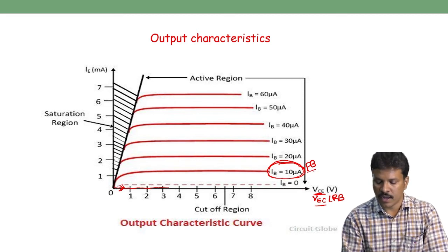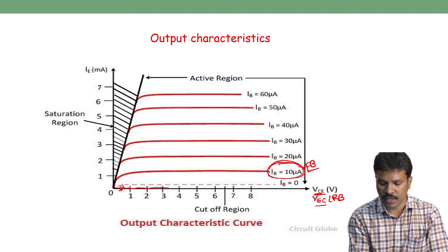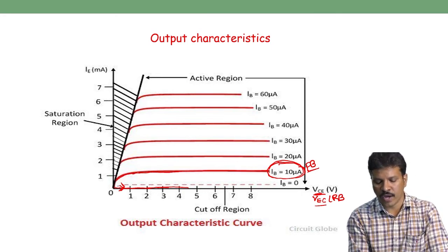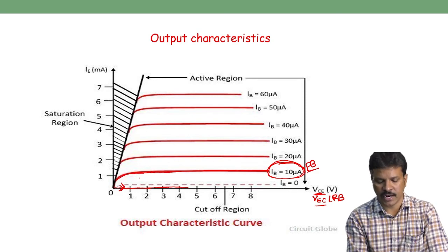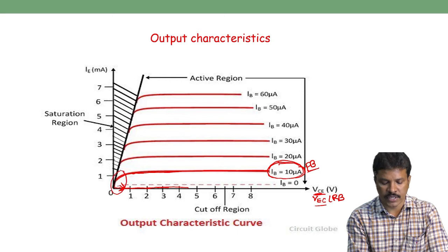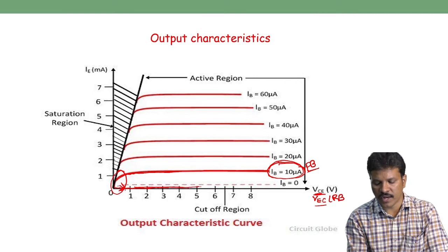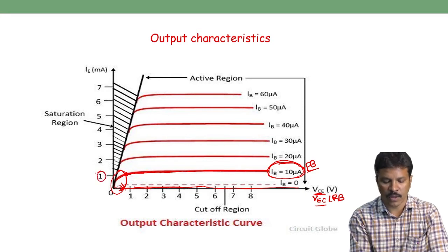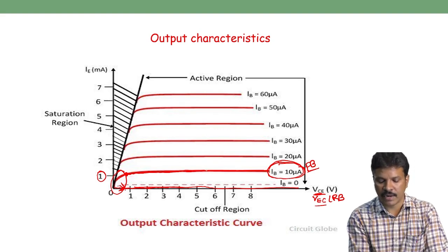So if the input is 10 microampere and we change VEC from 0, you will get a graph like this. Why this straight line? It maintains a straight line. I will tell you the reason later. When VCE is greater than some VCE sat, irrespective of the emitter to collector voltage, the current will remain the same or almost the same, equal to 1 milliampere, in the common collector configuration.